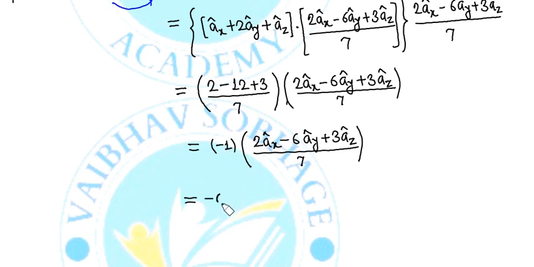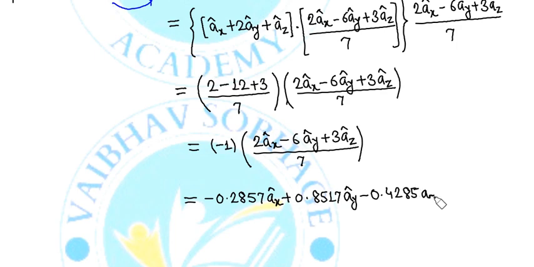So you will find that value to be minus 28.57 ax cap plus 0.8517 ay cap minus 0.4285 az cap. So this is your very first part of the numerical, where we have found the vector projection of vector s onto vector t.